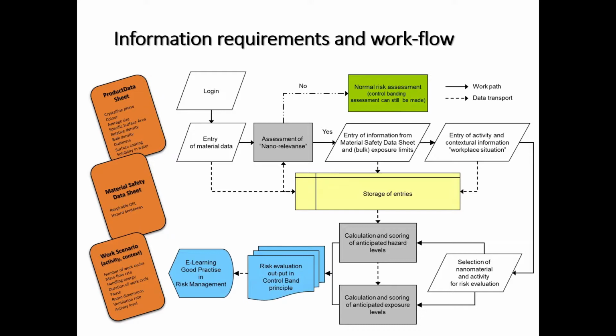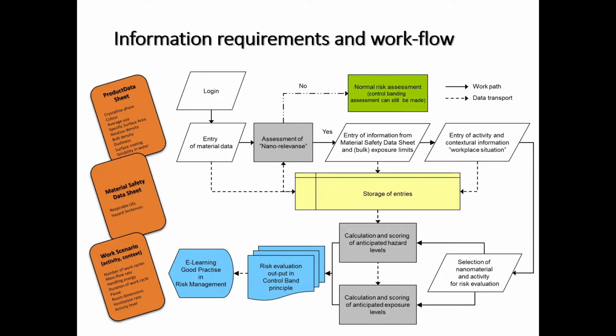Then you enter the material safety data, including the exposure limits, or specific nano exposure limits, if that's the case. Also, if you have a target value in your factory or facility, then you can use that value instead.